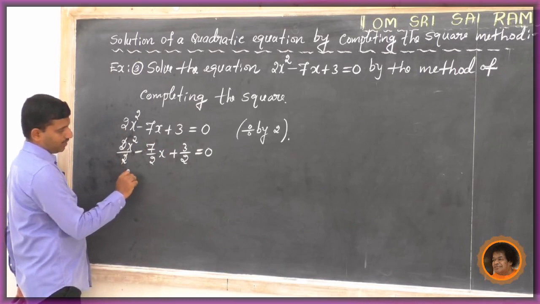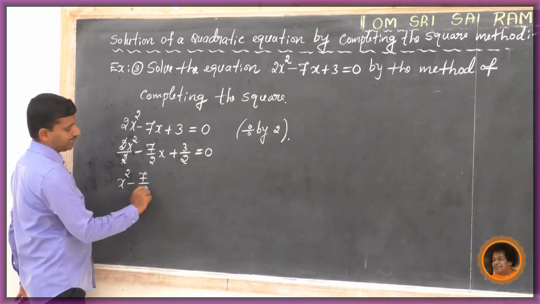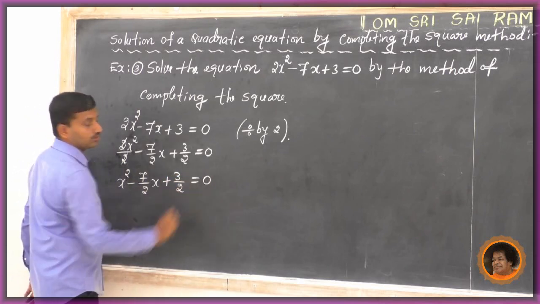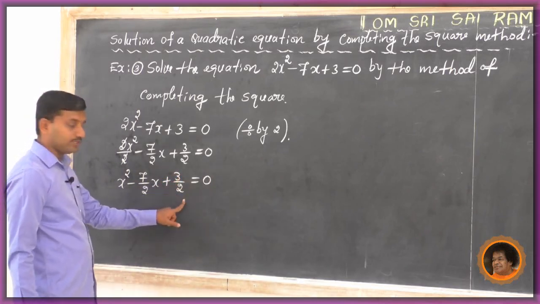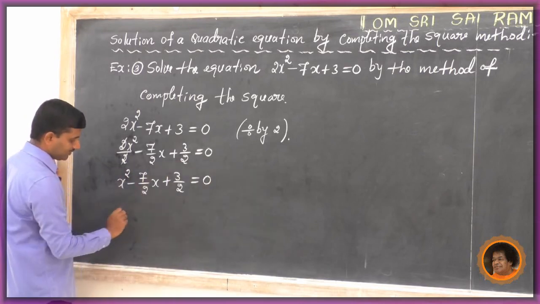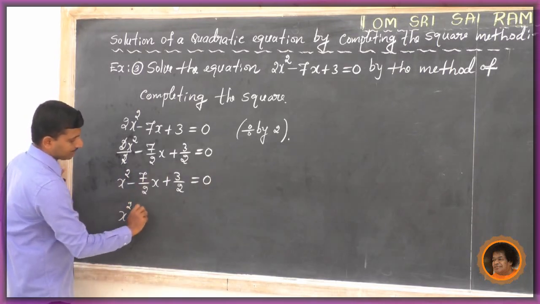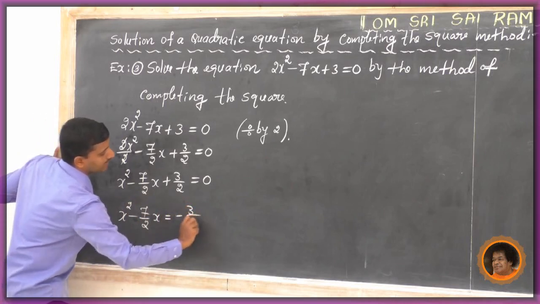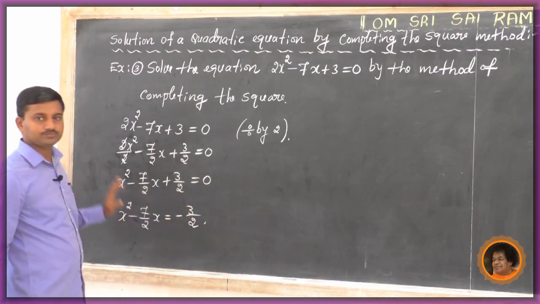So x square minus 7 by 2 into x plus 3 by 2 equals 0. Here 3 by 2 is a constant, so transpose it to the right hand side: x square minus 7 by 2 x equals minus 3 by 2.